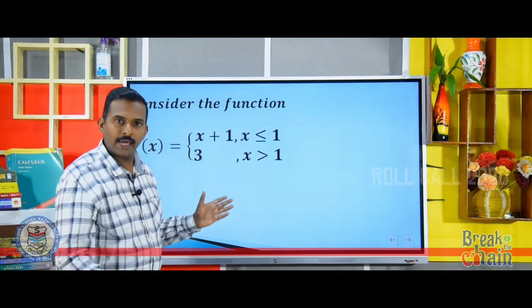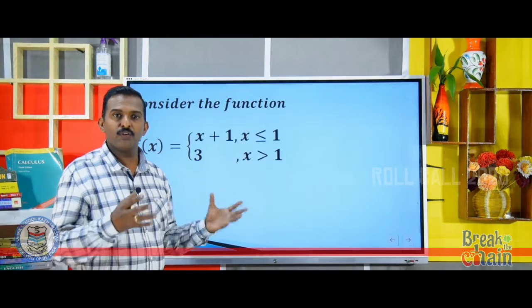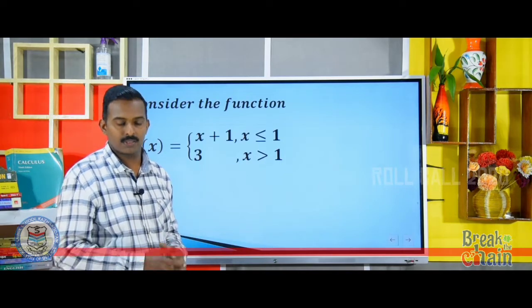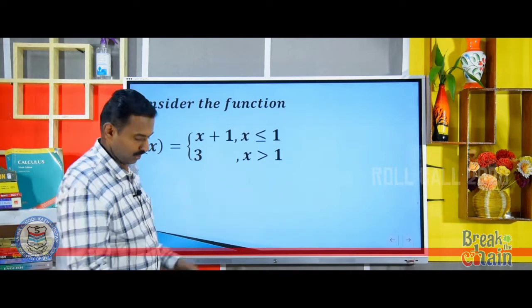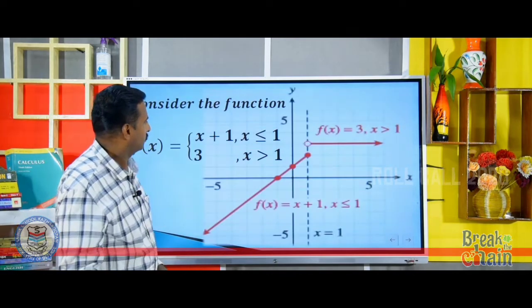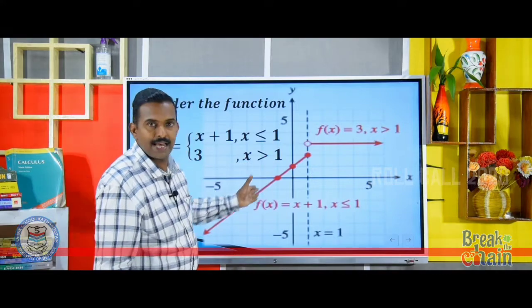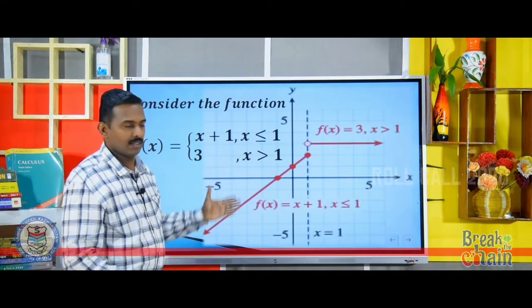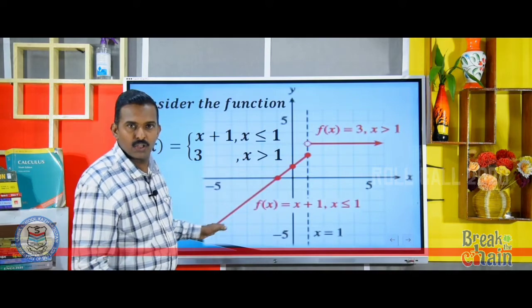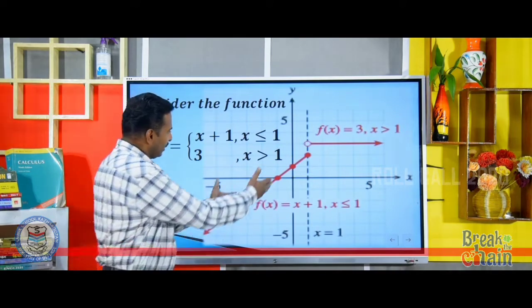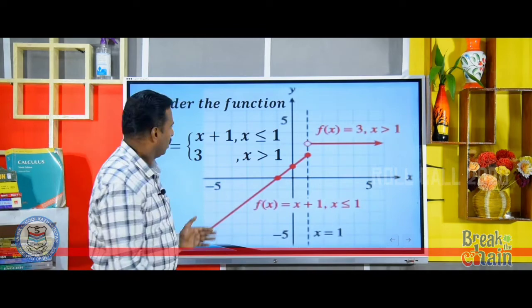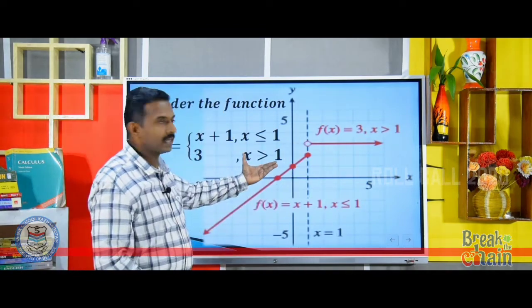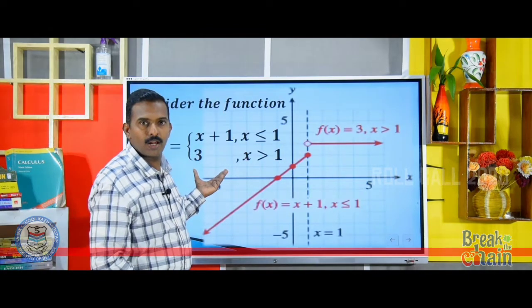Another example. Again, a function which is defined on all real numbers. Let's see the graph of this function. For every point less than or equal to 1, the function is defined as x plus 1, which is a straight line. Therefore, for x less than 1, the graph is a straight line. On the other side, for x greater than 1, the function takes the value 3.